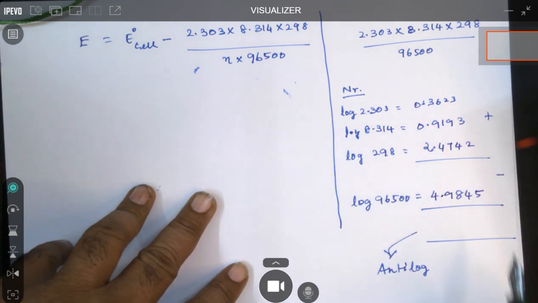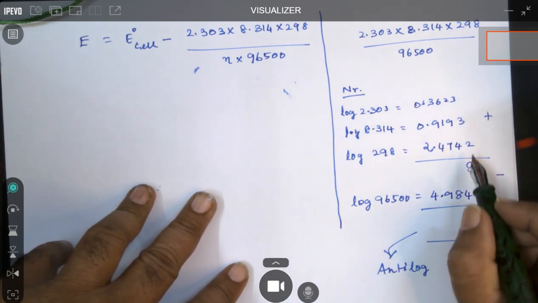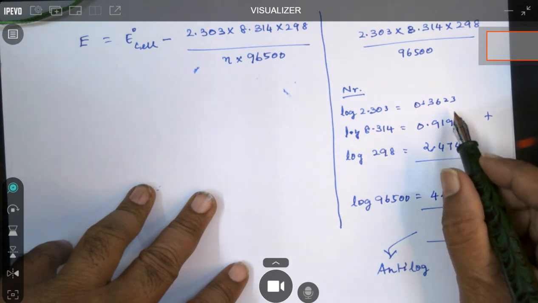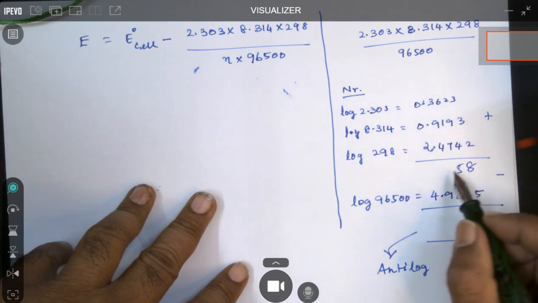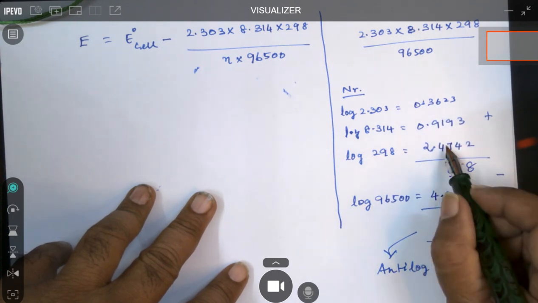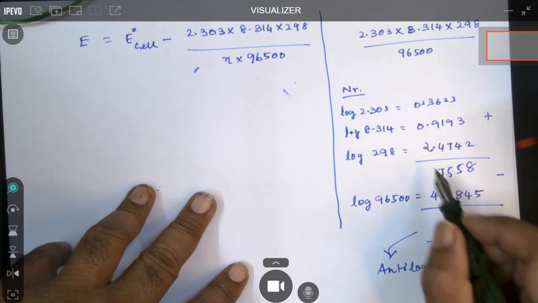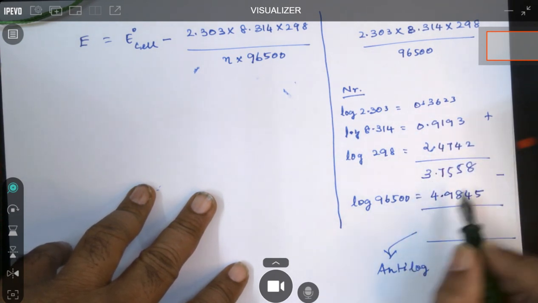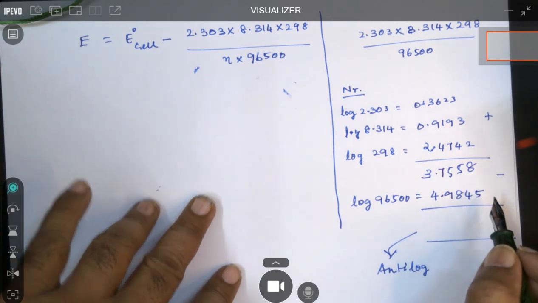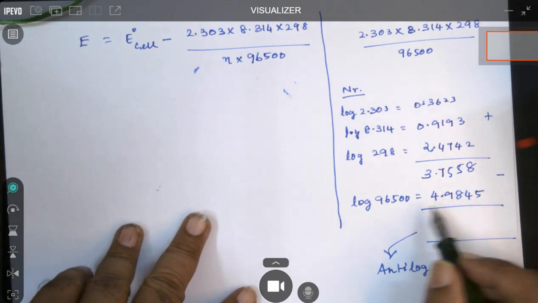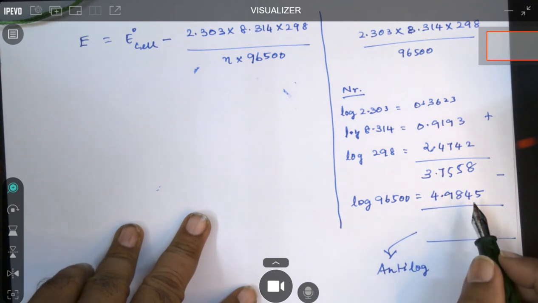Now let us add all these things. 3 6 plus 2 8, 4 plus 9 13 plus 2 15, balance 1, 8 9 15, balance 1, 5, 14 17, balance 1 3. Okay, so this is the sum of the numerator logarithmic values. Then subtract this 4.9845.